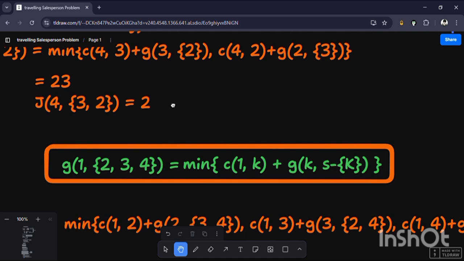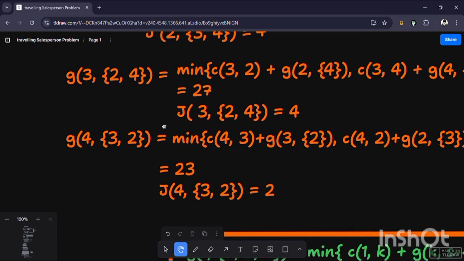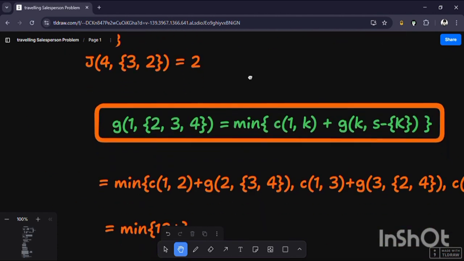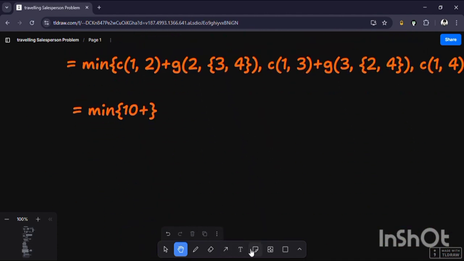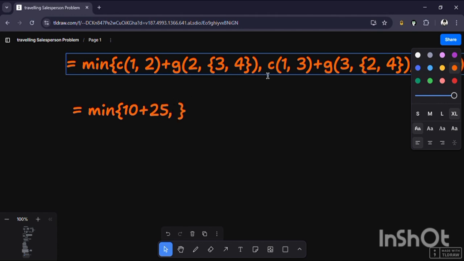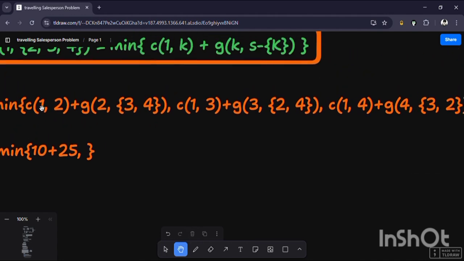Where is it? Here, g of 2 comma 3 comma 4 is 25. So I can write 25 here. Comma. Next, this one is done. Next, this one, right?